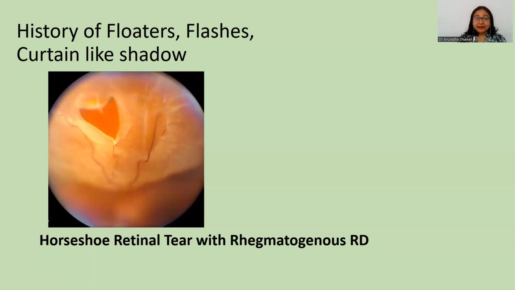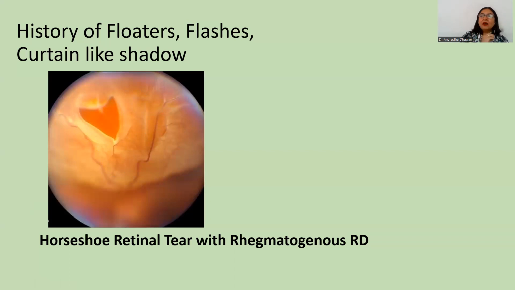You can see this retina is corrugated. It is ballooned up. It is not looking reddish because it is detached. And you can very well notice a large tear of the retina, and by the shape of the tear, you can identify it's like a horseshoe.